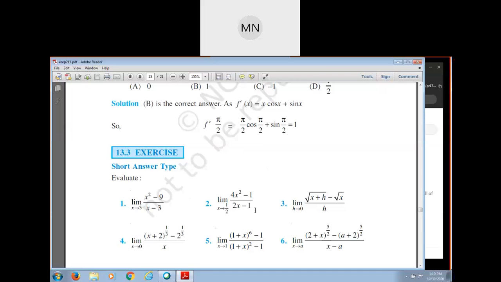And write the second problem: limit x tends to half, 4x square minus 1 divided by twice x minus 1.